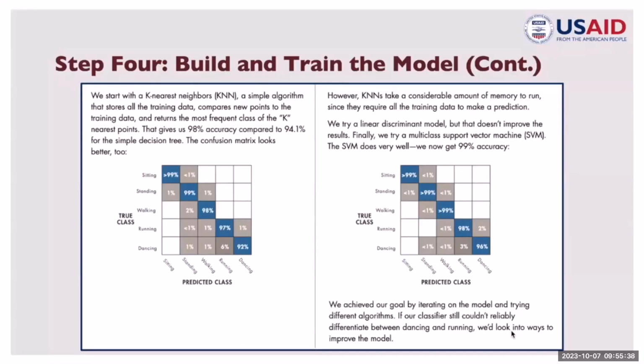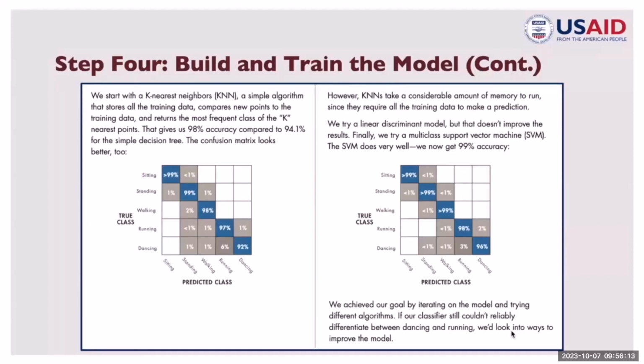Now, getting into the confusion matrix result for SVM modeling, we can see in our confusion matrix that from 92% performance using KNN, the accuracy increases to 96% for dancing by using the SVM. Hence, we achieve our goal by iterating on the model and trying different algorithms. Again, it is a trial and error process.